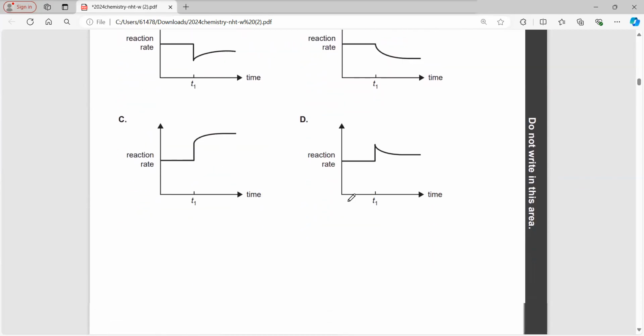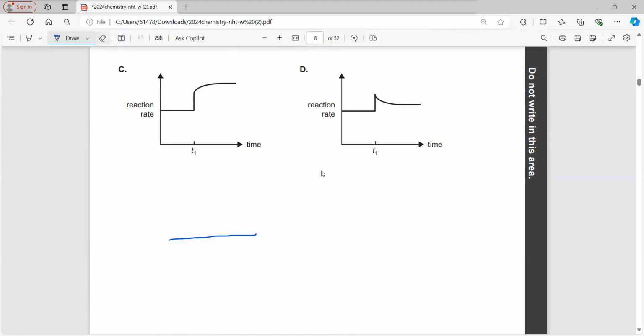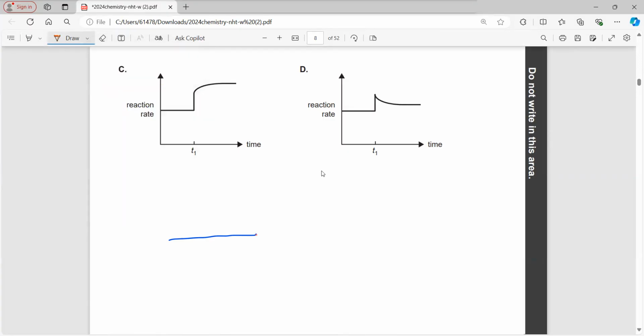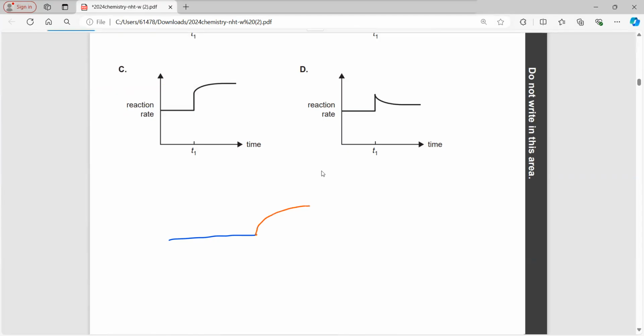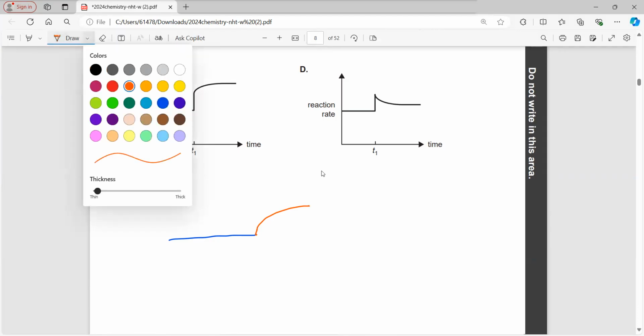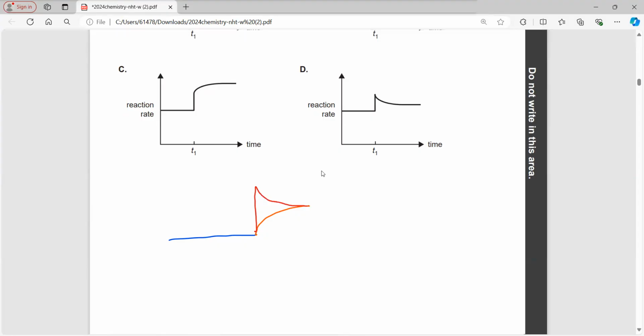So what's basically going to happen is we've got a normal equilibrium thing like this. The new rate of both reactions will be slightly higher. So this is going to be what the forward reaction looks like, and this is what the back reaction is going to look like. It's going to go up by a bit more, and then it's going to come down like this.